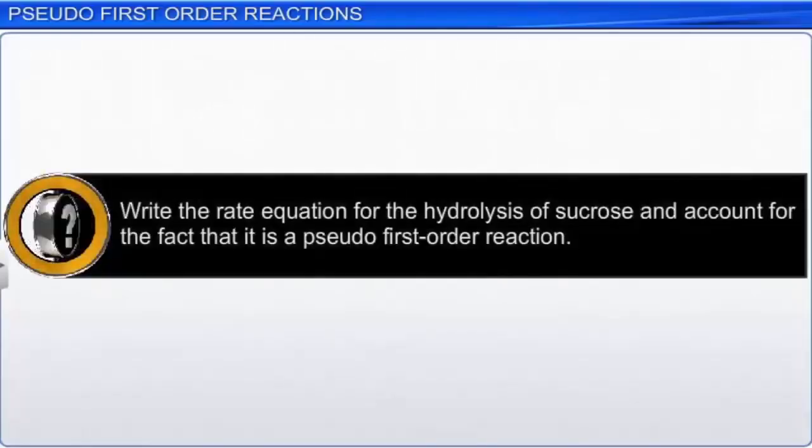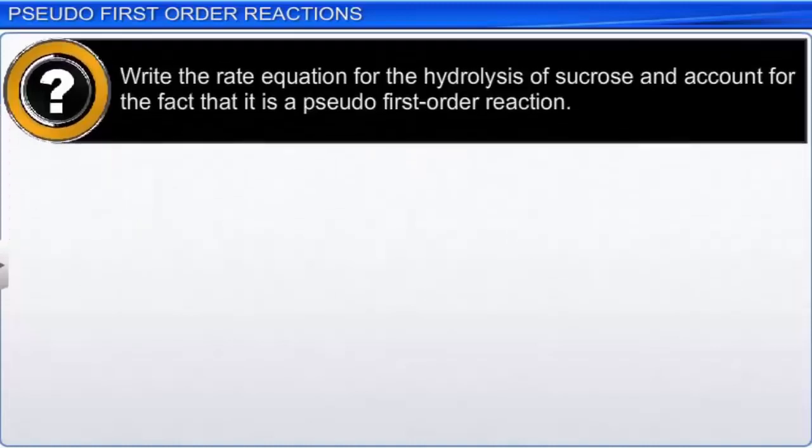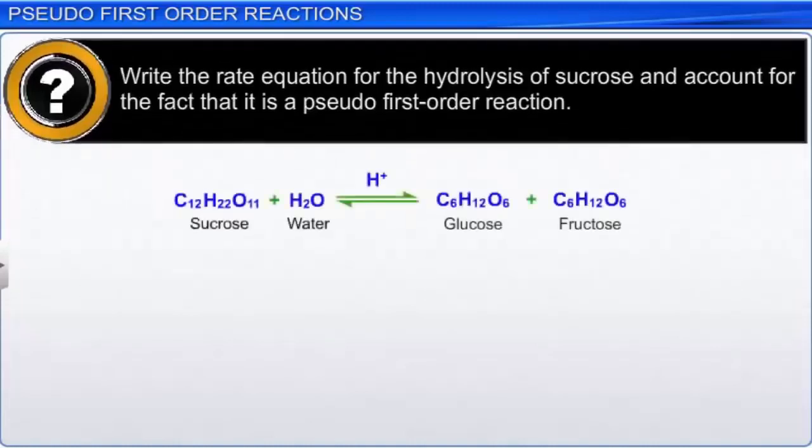Now, try to write the rate equation for the hydrolysis of sucrose and account for the fact that it is a pseudo-first-order reaction. You know that sucrose, on hydrolysis in the presence of a dilute mineral acid, gives glucose and fructose.